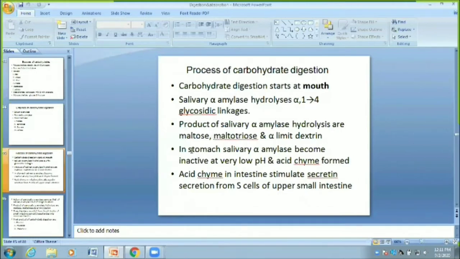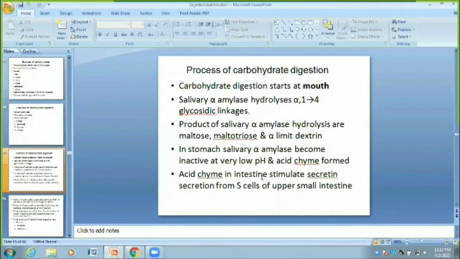Then the food is pushed to the stomach, where salivary alpha amylase becomes inactive because of very low pH, that means because of high acidity. The mixing action takes place in the stomach, and as a result acid chyme is formed. Acid chyme then passes through the pylorus into the duodenum.